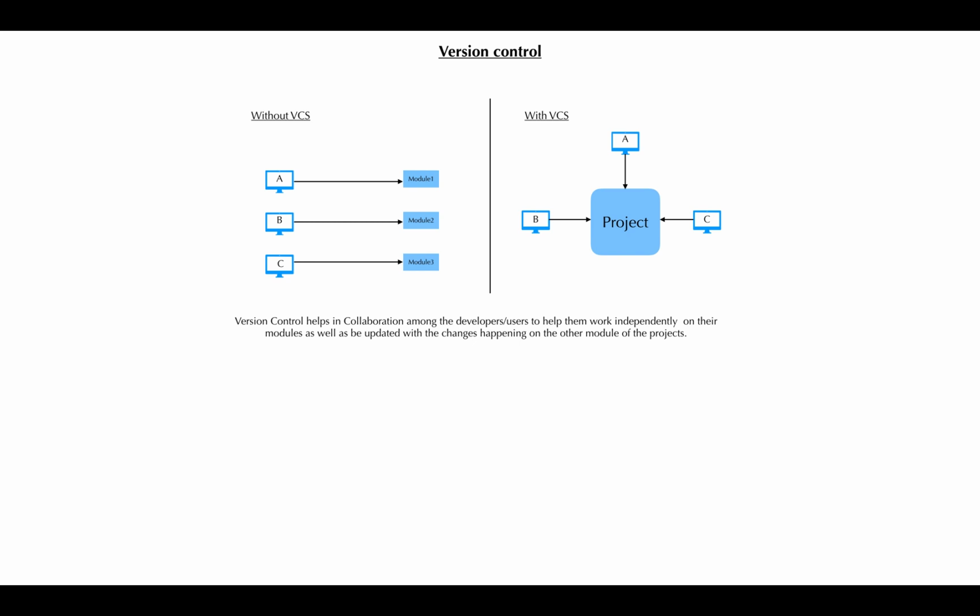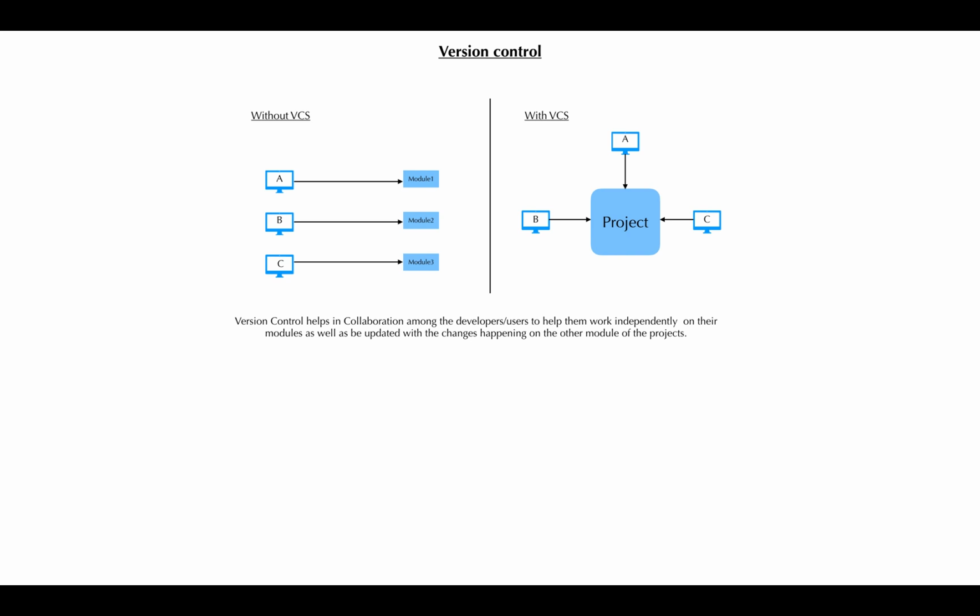Each developer is working on a different module, application, or set of tasks to contribute to that application. In that scenario, version control gives them a helping hand in collaborating with each other. We'll get into that in depth.